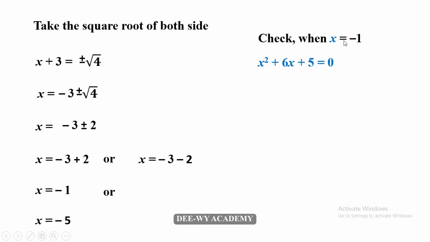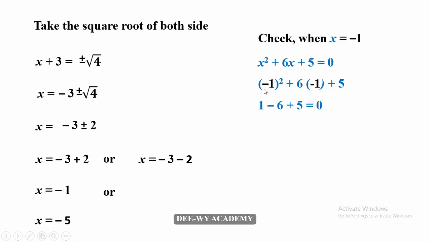When x is equal to minus 1, let's substitute it where we have x in the equation. We have x squared here, and we substitute it with minus 1, which is minus 1 raised to power 2. We have 6x here. We substitute x with minus 1. We have 6 into minus 1 plus 5. It's expected that if we solve this, we should have 0.